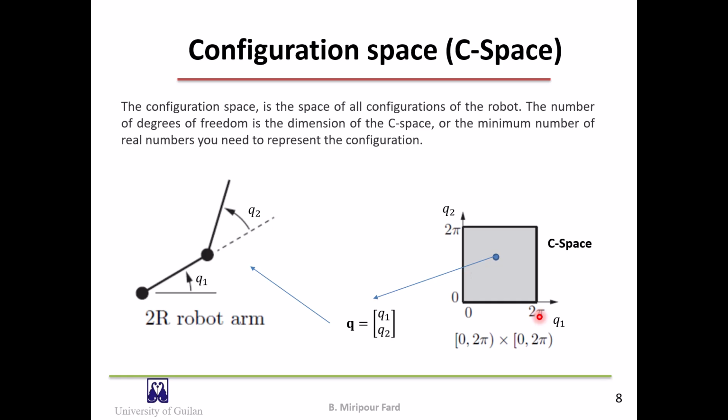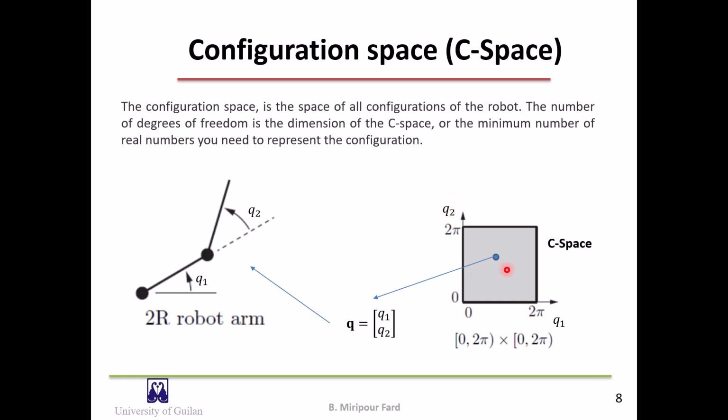If these joint variables vary from 0 to pi multiplied by 2, the configuration space will be a square. It is worth noting that here we are actually dealing with a plane instead of a space. However, in robotics, the term C-space is commonly used.